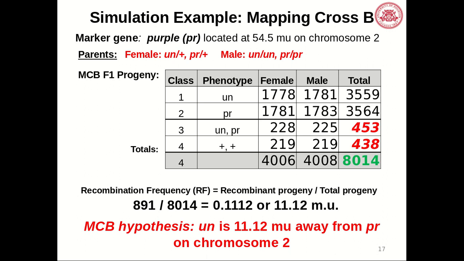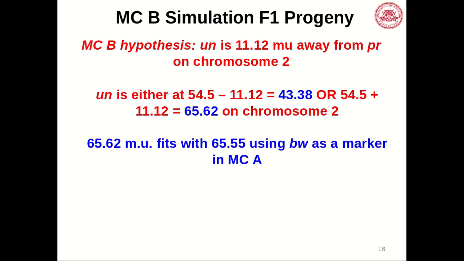But realize the distance, as I noted in my video, you don't know if it's positive or negative, so you either take the location of your marker and subtract the distance, or you add the distance. And you don't know unless you do this another time with another marker that you know where it is, or if you're near the ends, you also might be able to figure it out.